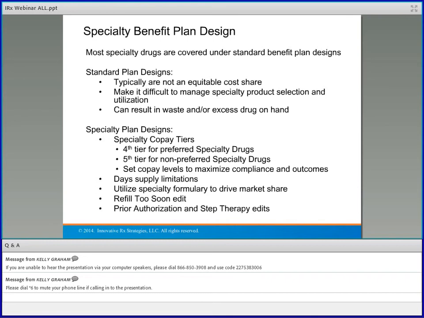The value of limiting these day supplies to 30 is that every month we know the specialty pharmacist is reaching out to the patient, talking to them about their therapy, about their disease, asking them how they're feeling. In a lot of cases there's a lot of depression and anxiety centered around these disease states as well.